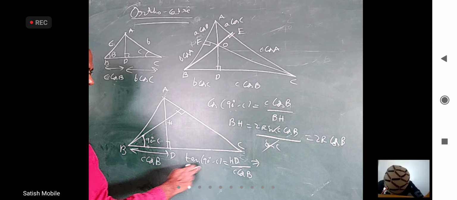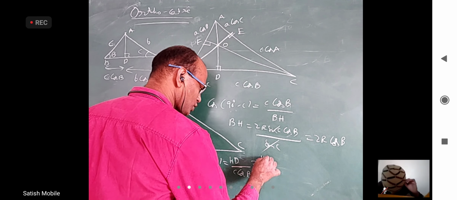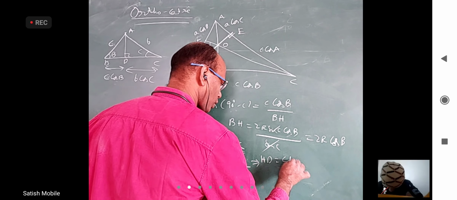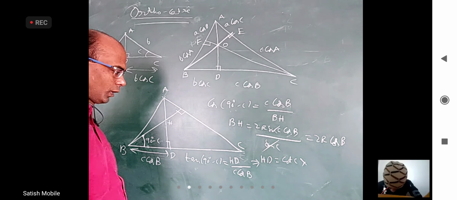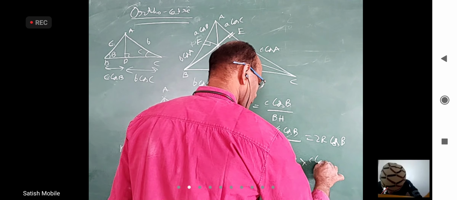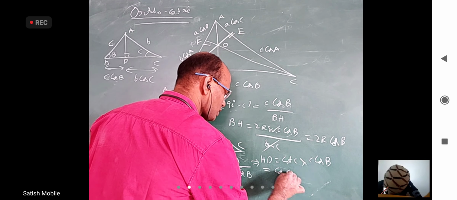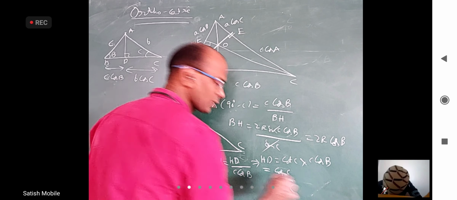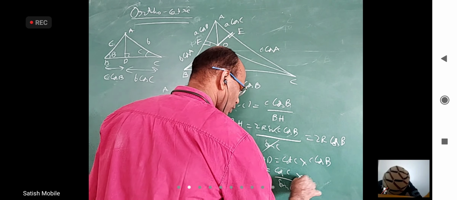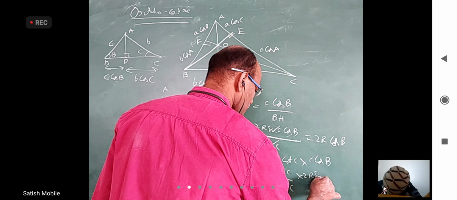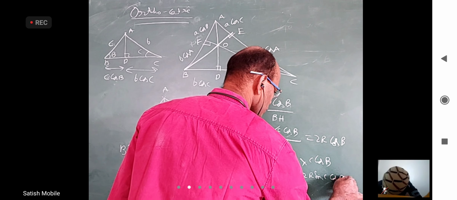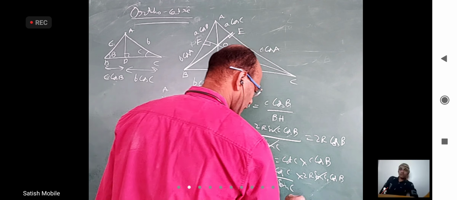Okay, tan of 90 minus C, I can write cot C. So HD will come as cot C into C cos B. Cot C is cos C by sin C. Small c is 2r sin C into cos B. Sin C and sin C will cancel.